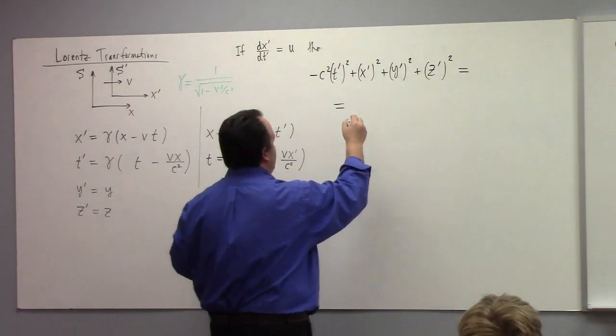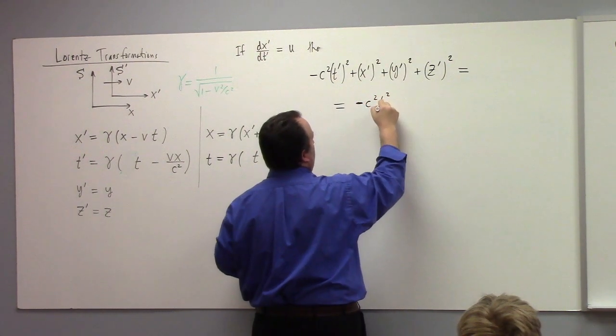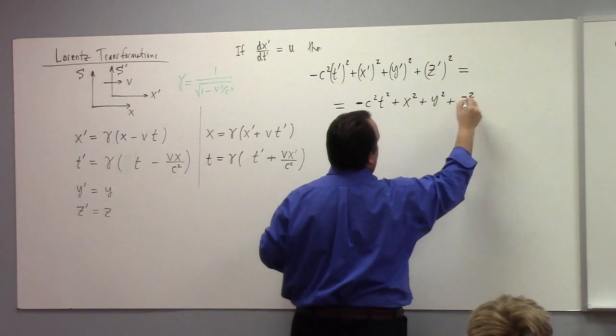And it simplifies down to minus c squared t squared plus x squared plus y squared plus z squared.